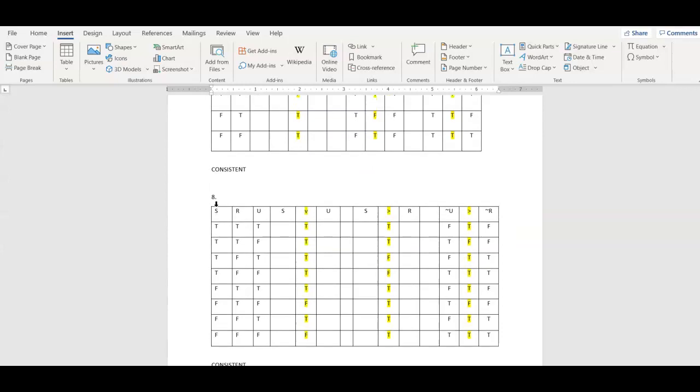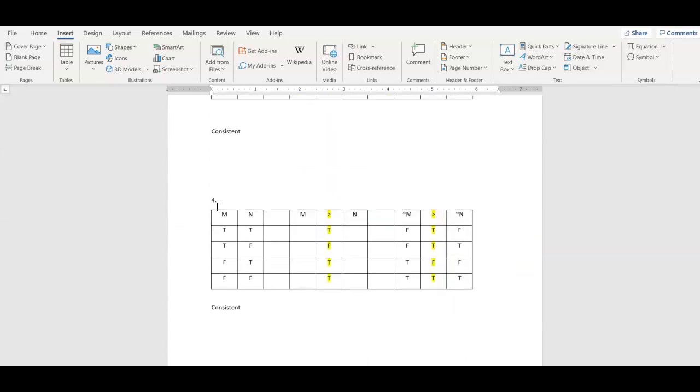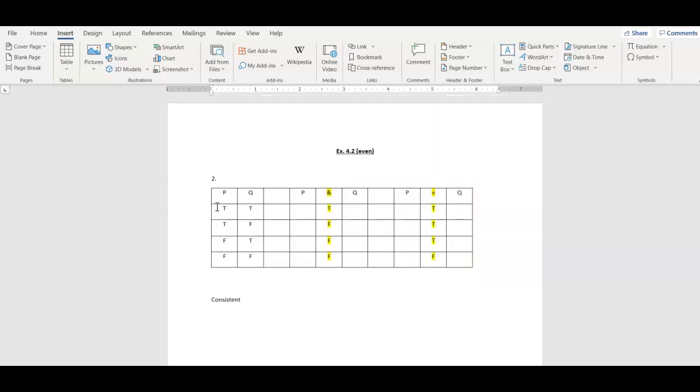Again, for extra credit, you can do some of the problems from Q2 in 4.2. And in those you have to set up your own truth table. Remember that the truth table gets set up according to how many atomic sentences there are. So if you have 2, it's going to be a 4-line truth table. If you have 1, it's going to be a 2-line truth table.